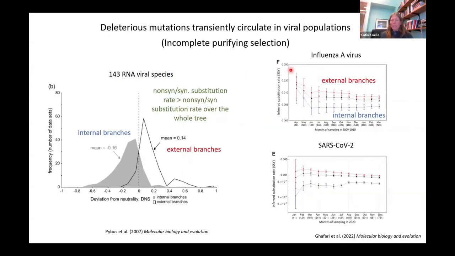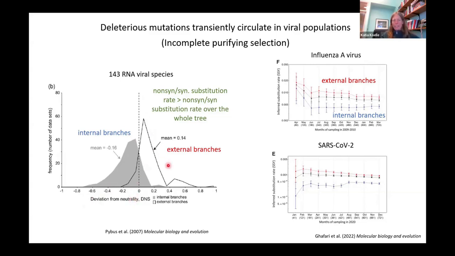And then there's been some really wonderful work by Oliver Pybus and also Mahan Ghafari, which has demonstrated that there's incomplete purifying selection. This paper by Pybus and colleagues looked across 143 different RNA viruses, infecting humans as well as other animals and plants. They derived a deviation from neutrality statistic.